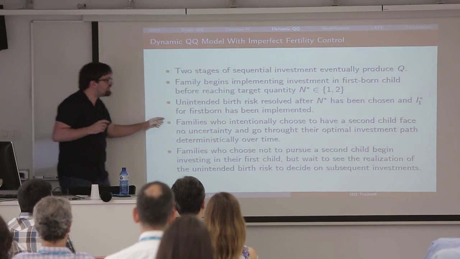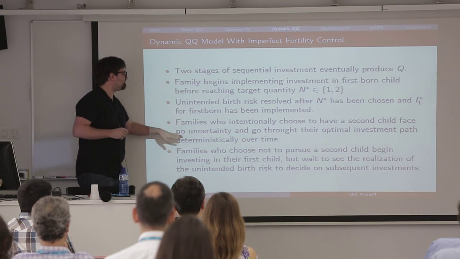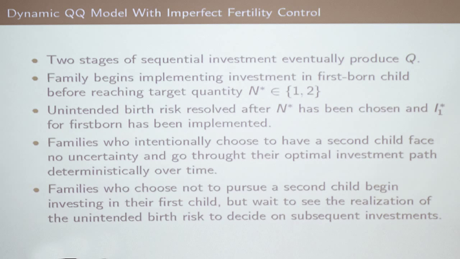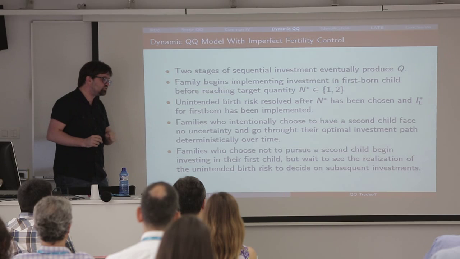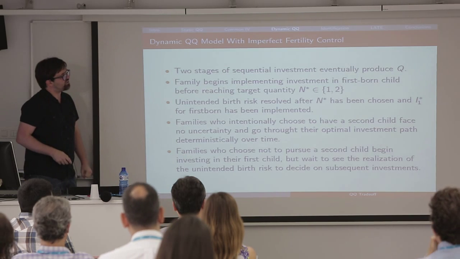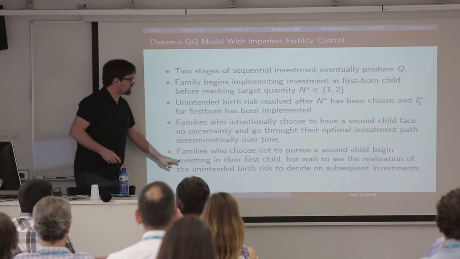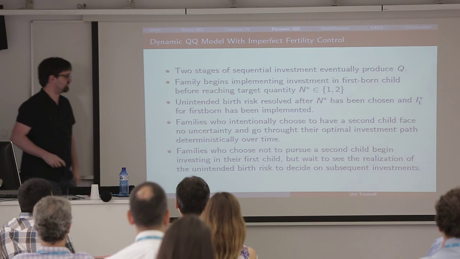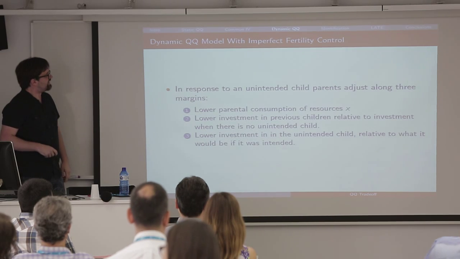Okay, so families who intentionally choose to have a second child face no uncertainty and go through the smooth path of optimal investment over time deterministically, but families who choose not to have a kid are going to face a risk and are going to eventually perhaps have a second child in an unintended fashion. Okay? So what happens?